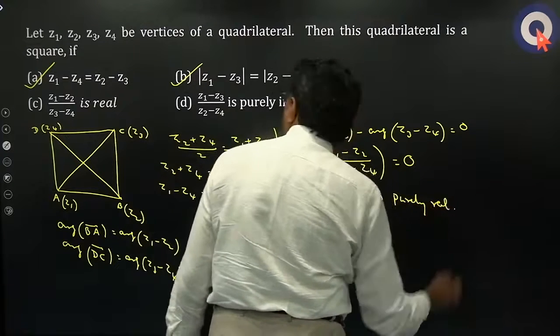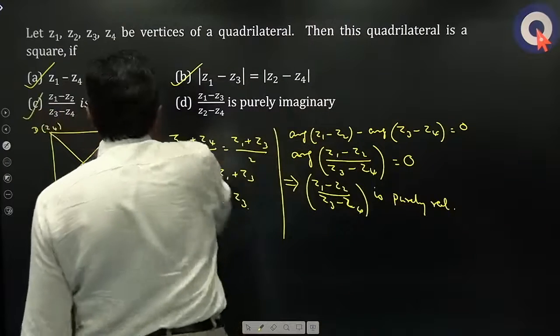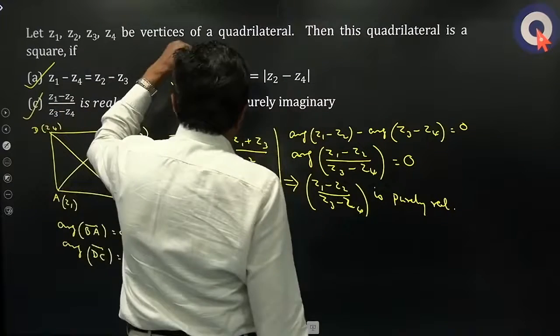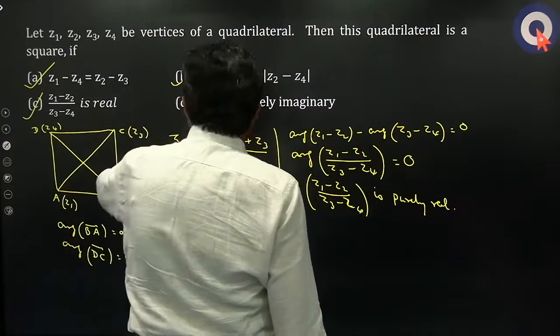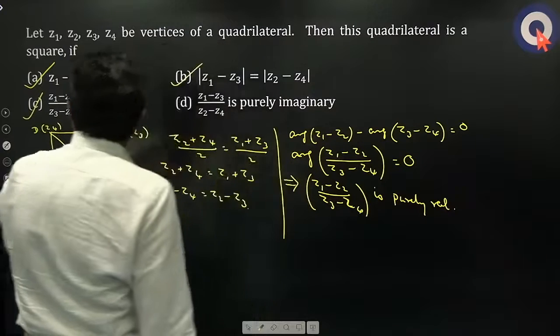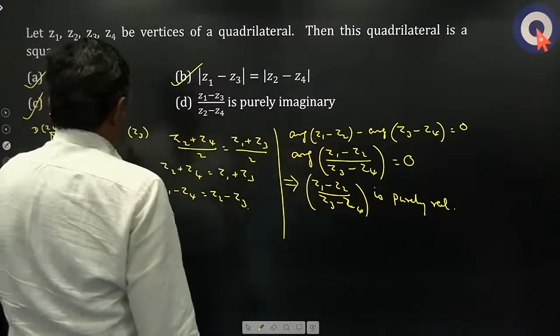All right. Next, this is correct. And then Z1 minus Z3 by Z2 minus Z4 is purely imaginary. Let us see that.